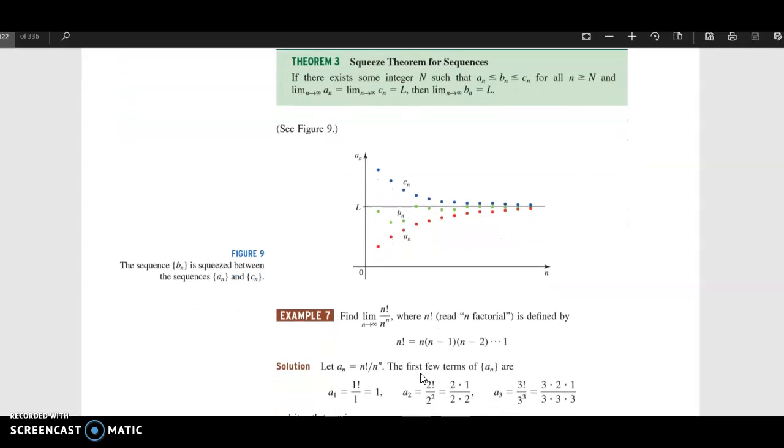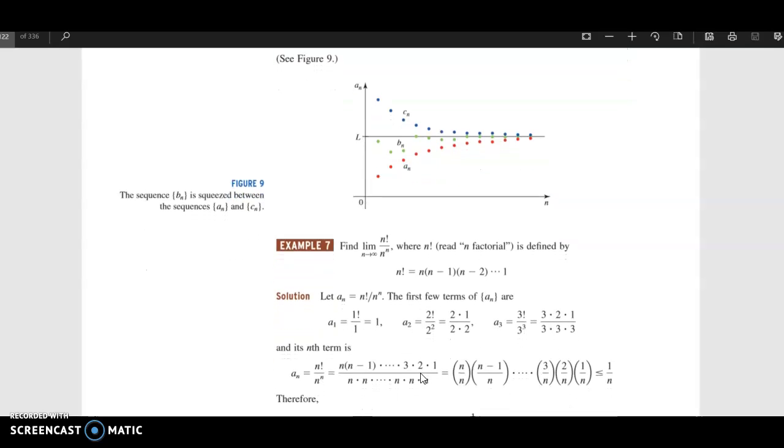This is the squeeze theorem, and using it we will do some problems.